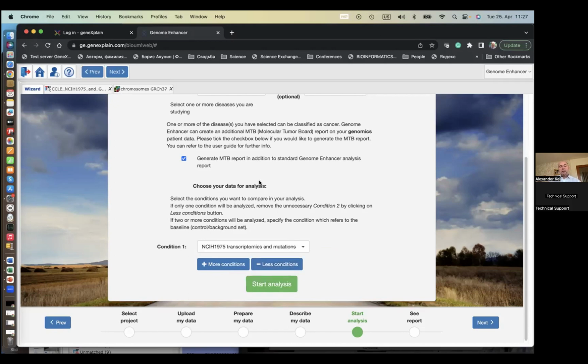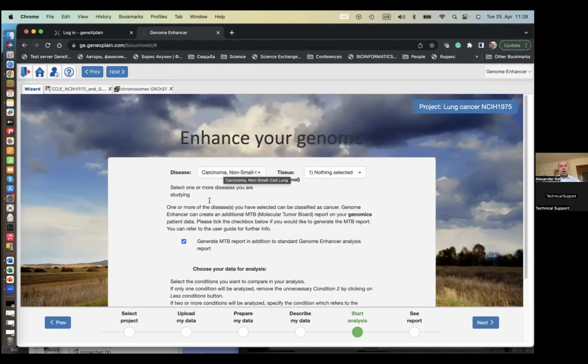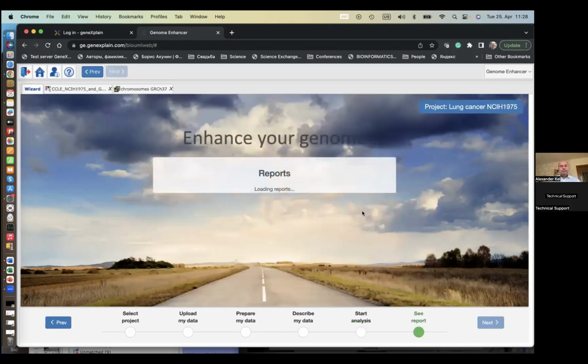And we also activate a special module of that system which will compute also a special report which tells us about the known mutations in proteins, known and actionable mutations in proteins. We call it molecular tumor board report. Okay, and then you simply start.